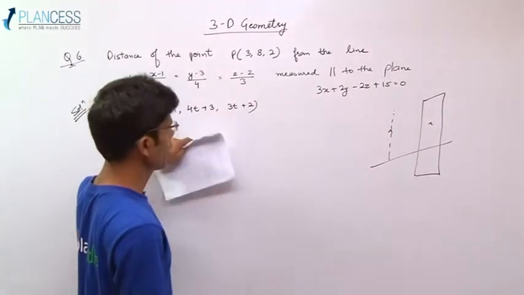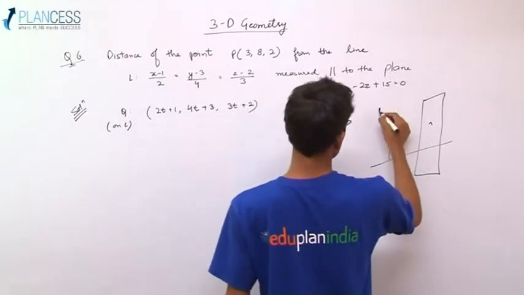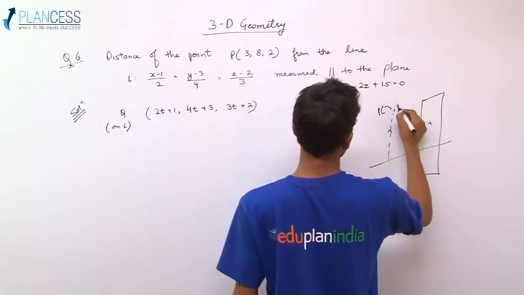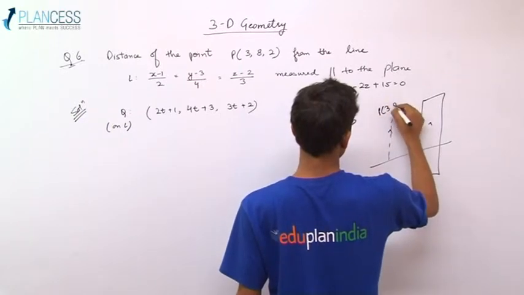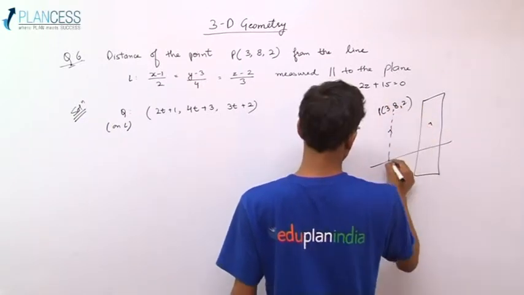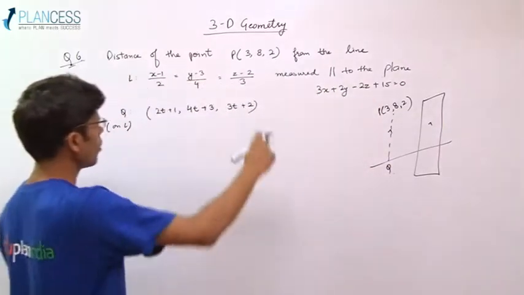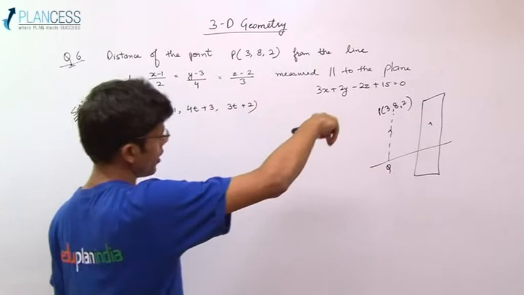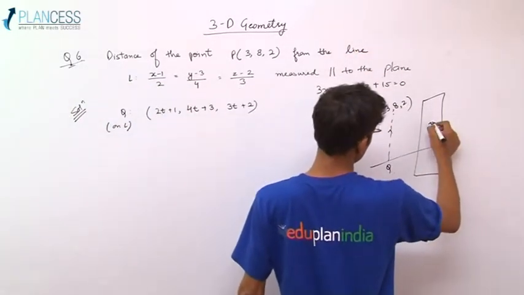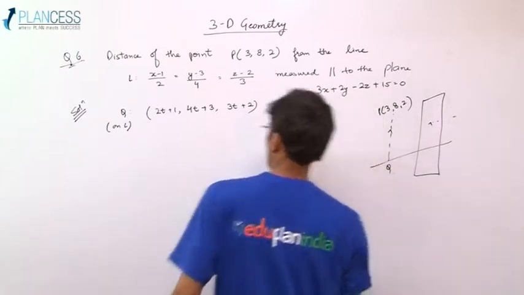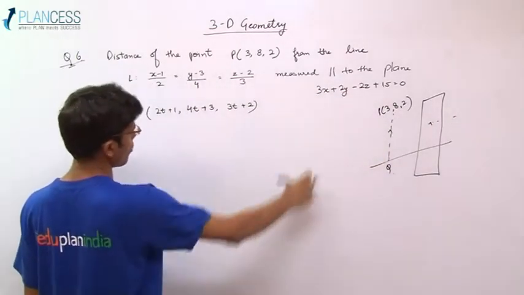Now this is point P which is (3, 8, 2), and this is point Q. Now this line PQ is parallel to the plane, so PQ is perpendicular to the normal to the plane.